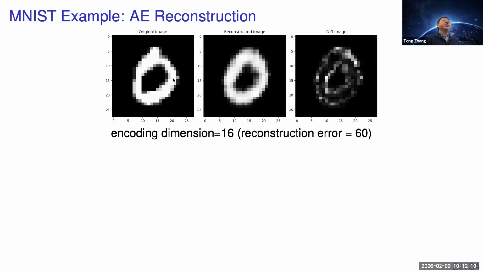MNIST is 28 by 28, grayscale, so it's a larger dimension. Once you drop that, the encoder dimension is 16, which gets you a compression, right? With the compression, you can still reconstruct the image pretty well, because that's simple. It's just 0, 1, 2, and the difference is this guy.